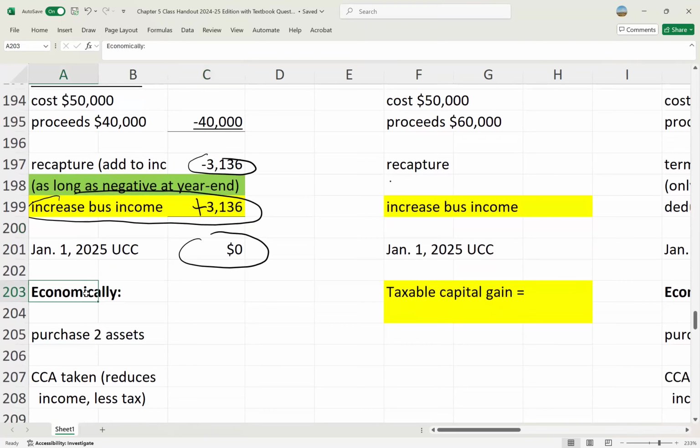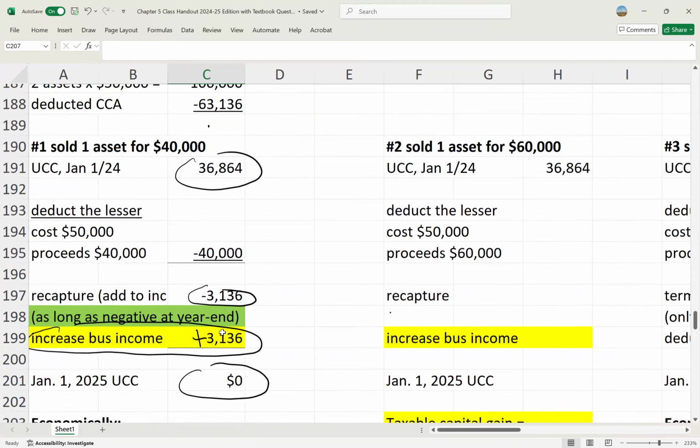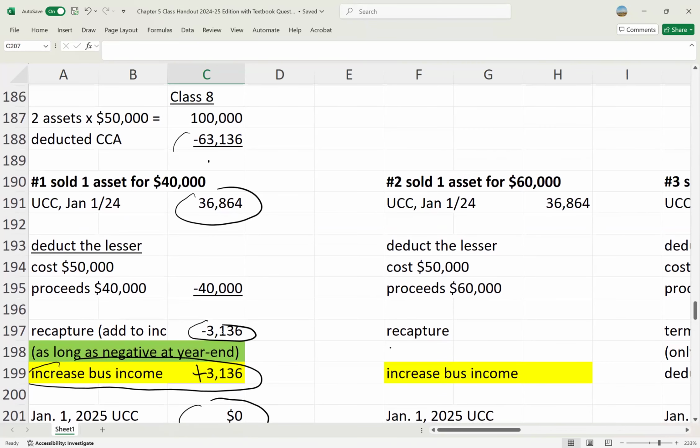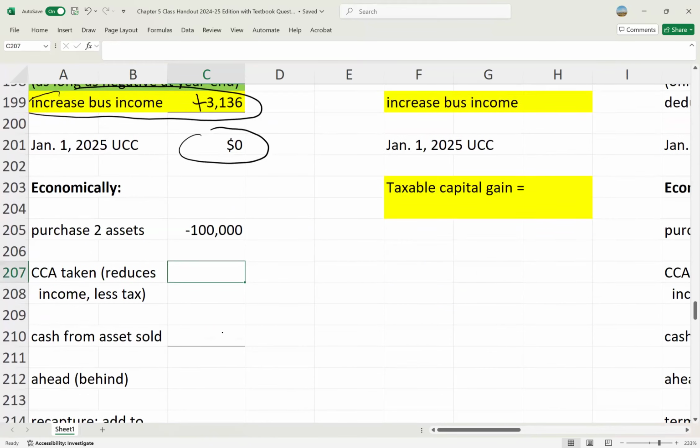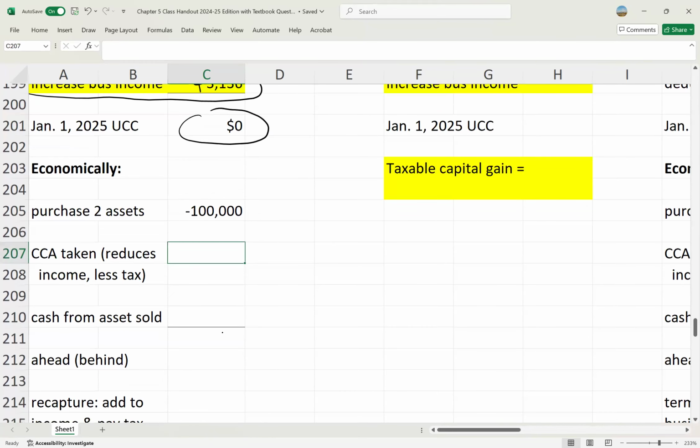So let's think about our cash flows. When we bought the two assets, how much money did we spend? We spent $100,000. That's negative, that's cash going out. Over the years, we took CCA of 63,136. Now, CCA reduces our income, therefore we pay less tax.